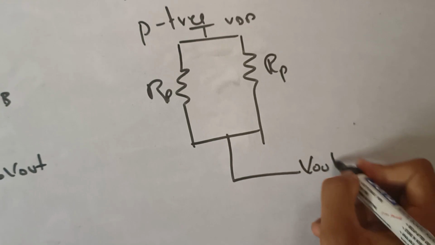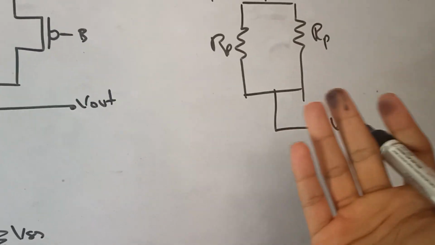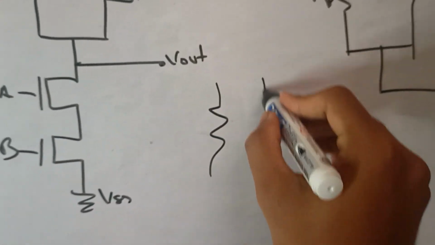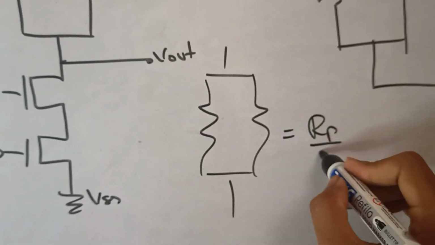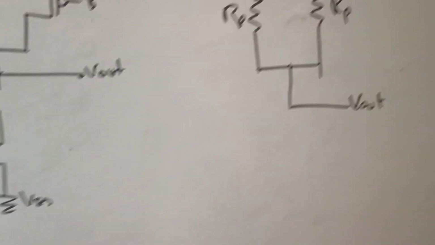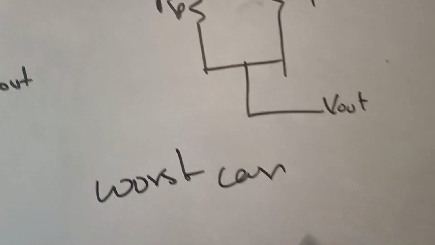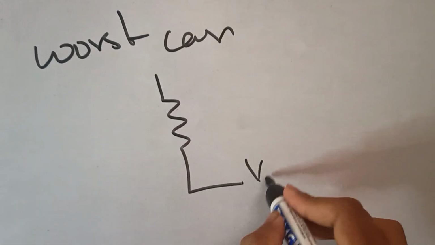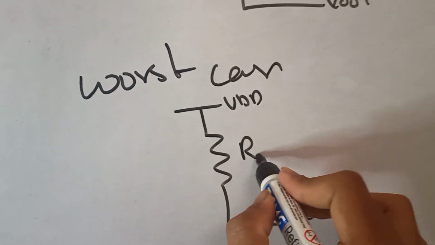For the worst case, we cannot consider both of the RPs at the same time, because whenever two resistors are in parallel, the net resistance would be halved. So for the worst case, we are just going to consider any one of the RP. So I am going to consider this RP. This is Vout, this is VDD, this is RP.